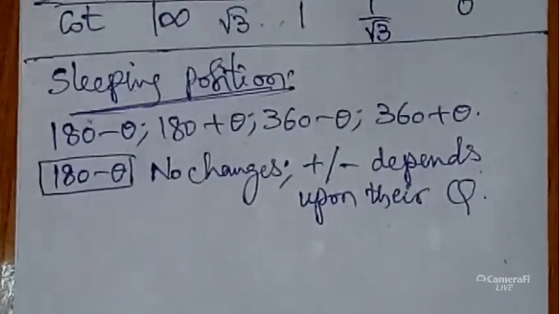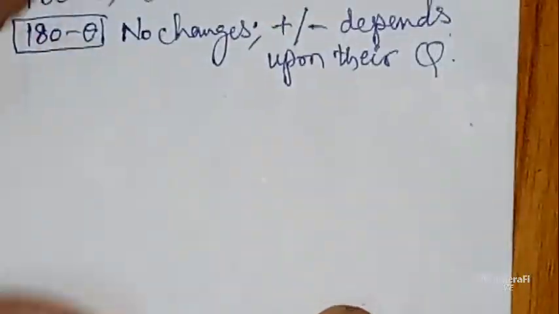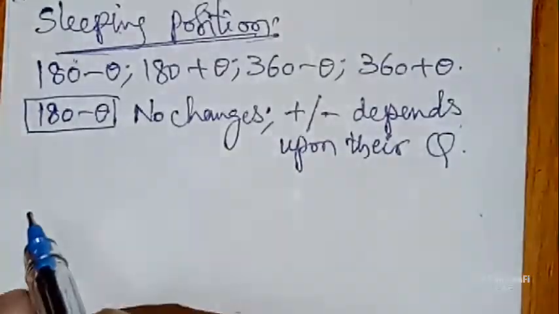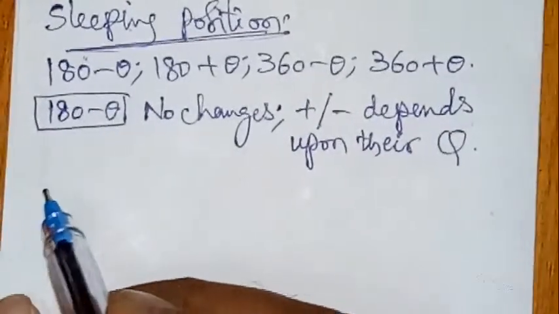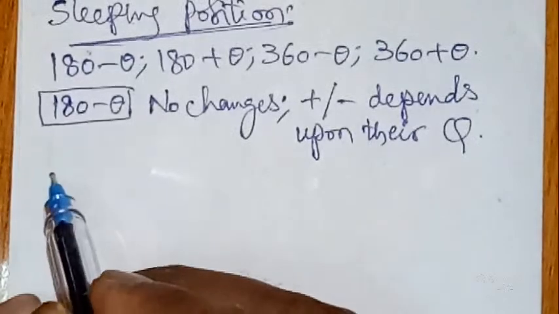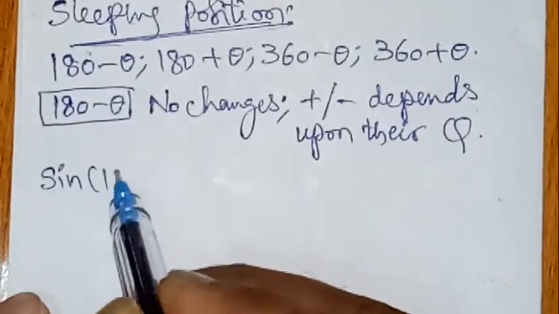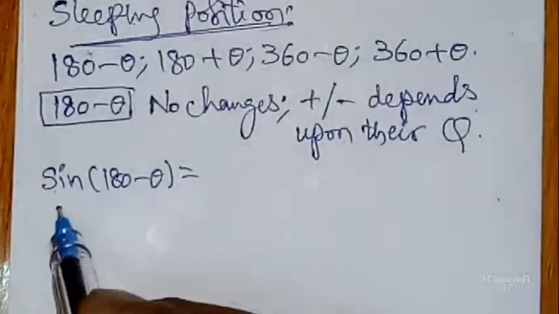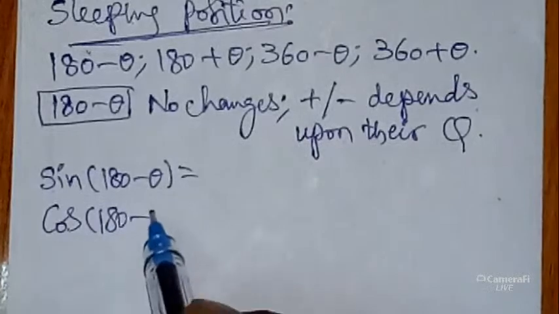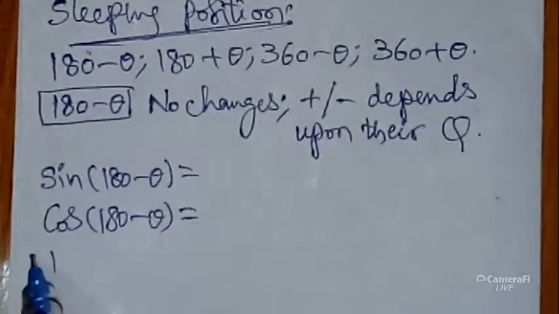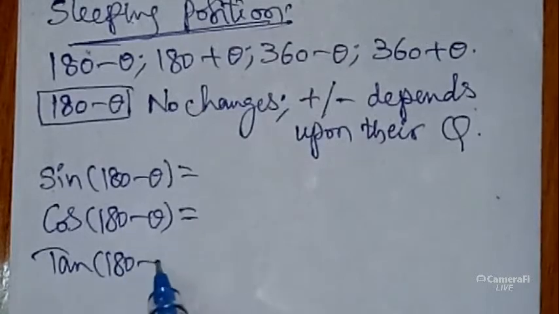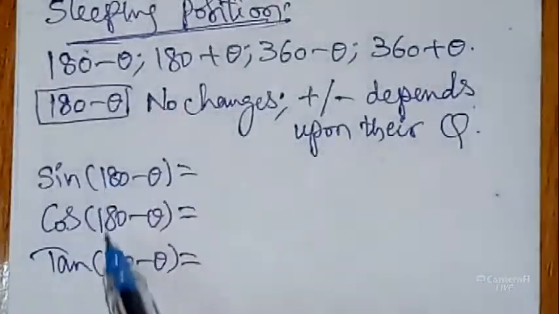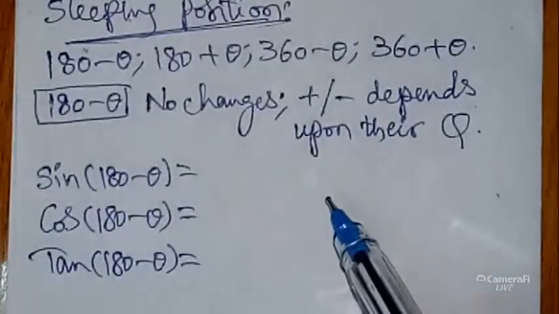So that's why I have written here plus or minus, which depends upon their quadrant. So first of all I wanted to tell you 180 minus theta related values. By using this you have to find what sin 180 minus theta is, what cos 180 minus theta is, and what tan 180 minus theta is. After these values, the reciprocal values.